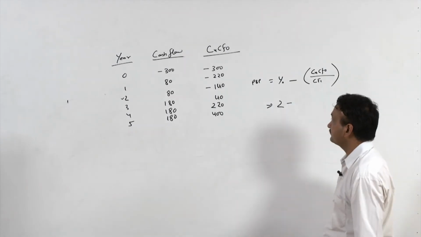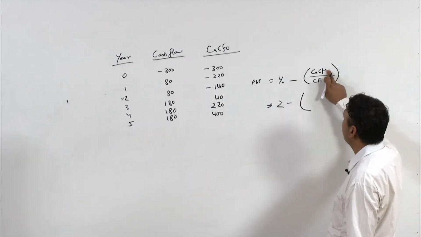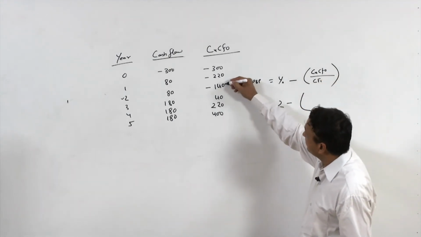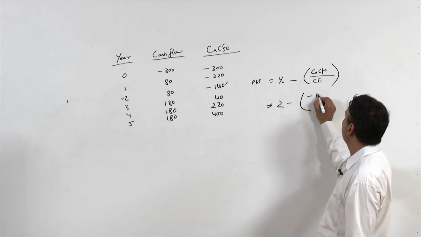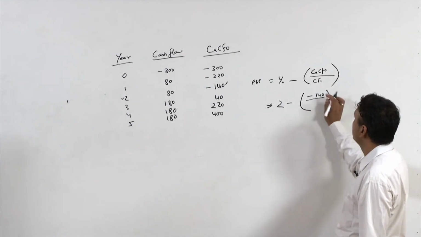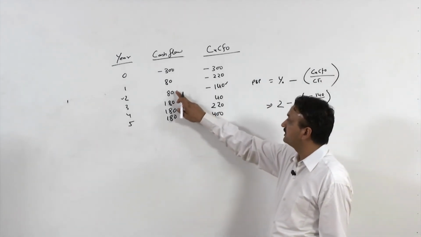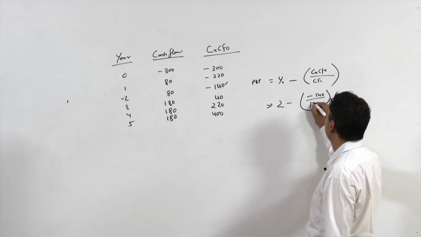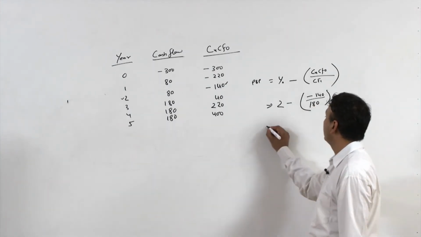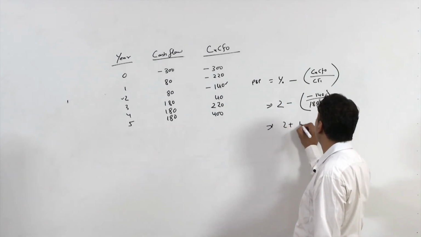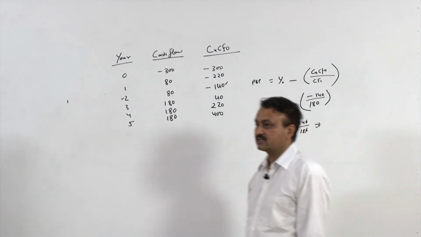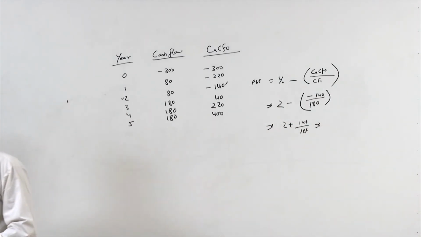2 minus the cumulative cash flow for that particular year, which means minus 140, divided by CF1, the cash flow after this particular year, so this is 180. You can divide this value. So this is 2 plus 140 by 180, and the answer you would be getting is 2.78 years.